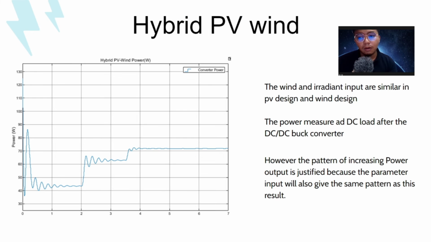Lastly, this is the power output of the hybrid PV wind. As we can see here, the power is increasing from 45 to 65, and then it increased to around 72 watts. And this power is smaller compared to the PV and wind generators because the PV wind power is measured at the DC load, and the input of wind and irradiance are similar to the PV design and wind design.